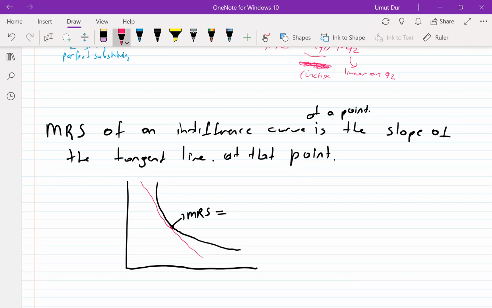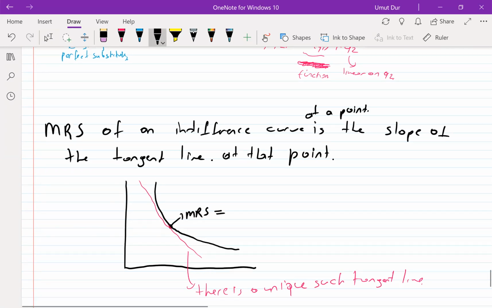It is just touching at one point. If I draw some other line, it cannot touch at that point, or it may be touching at a different point. So there is a unique such tangent line. Then I look at the slope.